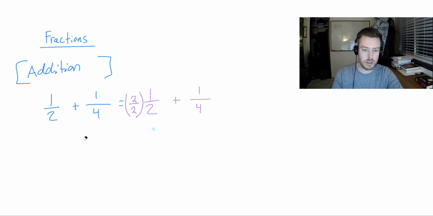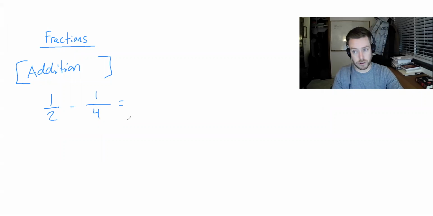So let's redo the same problem again, except I will now do negative and see if we get a different answer. So let's just do negative 1/2 subtract 1/4. Okay, same rule applies. We still need the denominator on the bottom to be the same.